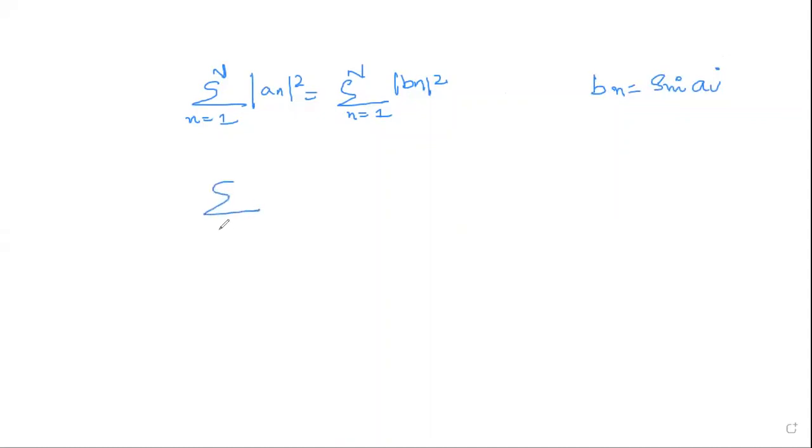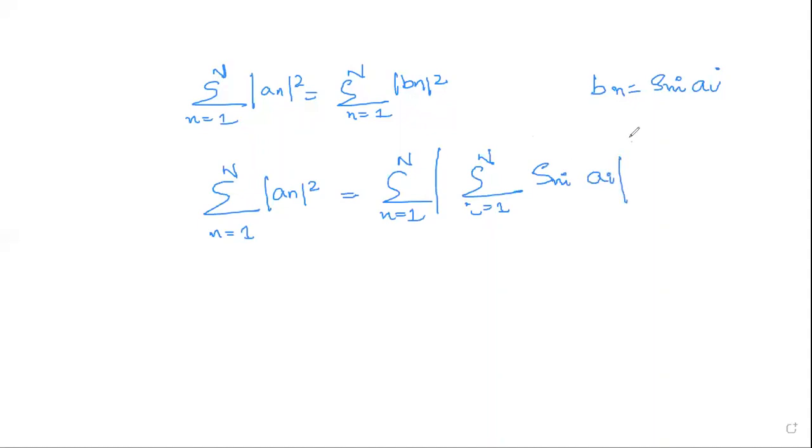So the equation will be summation n is equal to 1 to n, magnitude of An square, which is equal to summation n is equal to 1 to n, magnitude of, now see, this only has n from 1 to n. The ith parameter is not defined. So to substitute Sni in this Bn, I have to relate it to the ith and n parameters. So it is i is equal to 1 to n, where it will represent your Sni, then your Ai magnitude square.